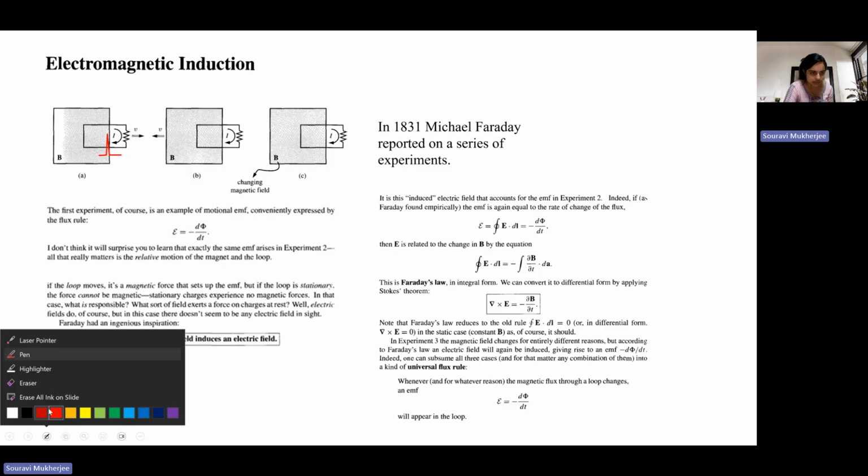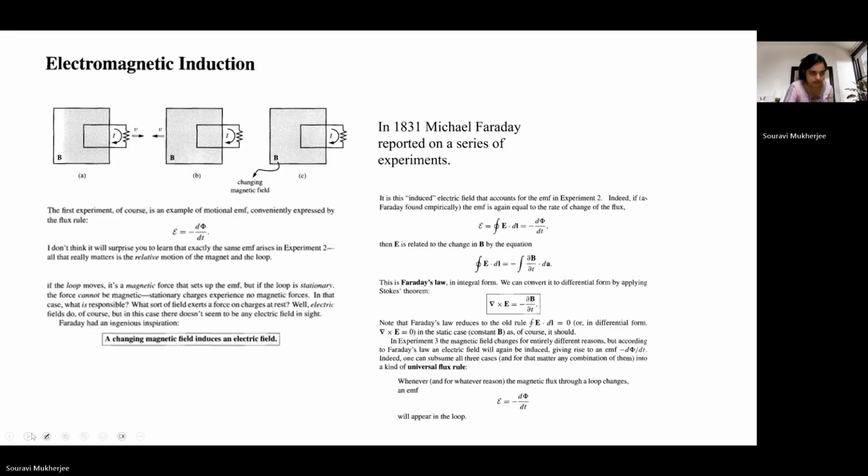Sorry, ignore the spike. You take the loop along v, moving it so that the flux linked to the loop changes, and we saw that a current flows in this wire, where the EMF is related to the rate of change of flux by this relation. So this is something we just discussed.